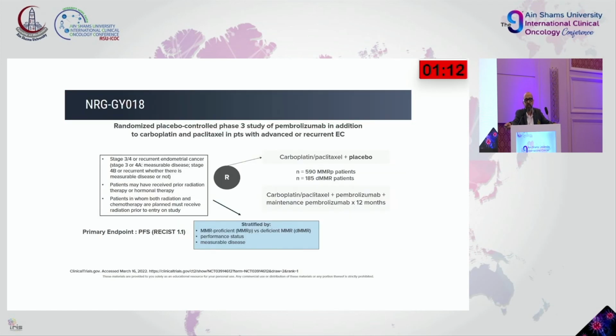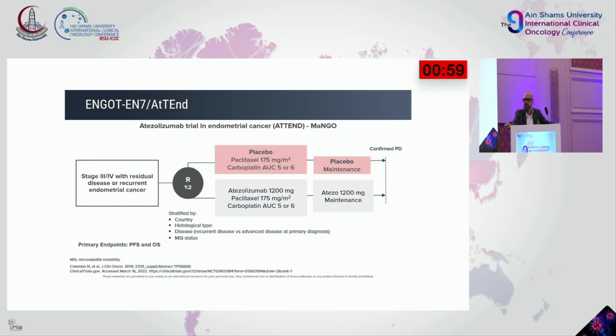We have the NRG GY018 trial, in which patients in first line will receive carboplatin paclitaxel plus pembro versus carboplatin and paclitaxel and placebo, and we are waiting for this result. We have the ATTEND trial, with the same study design: paclitaxel carboplatin plus atezo versus paclitaxel carboplatin.